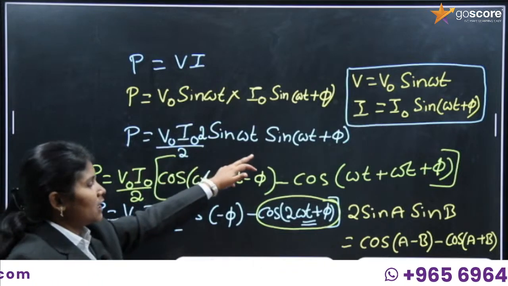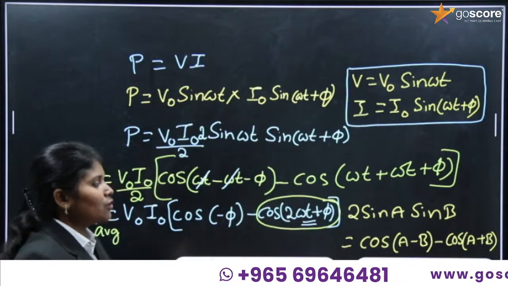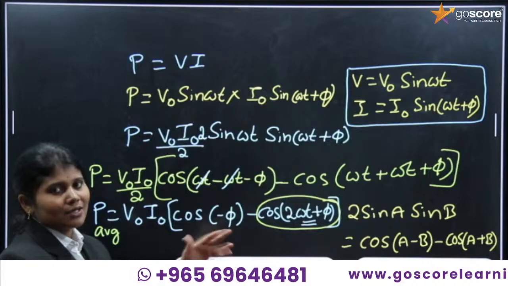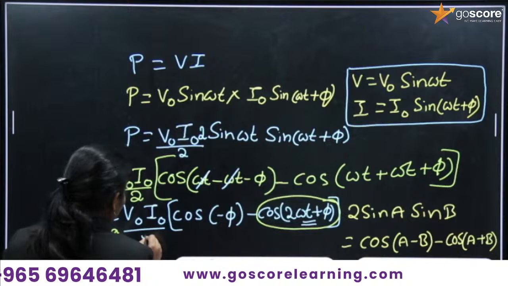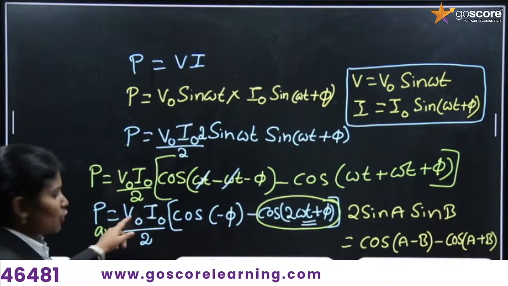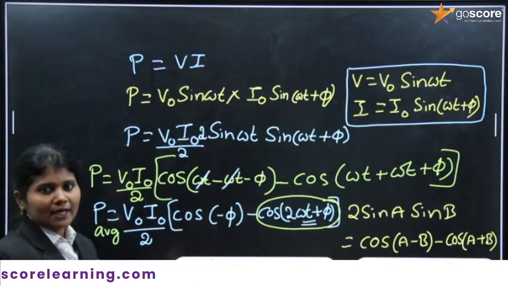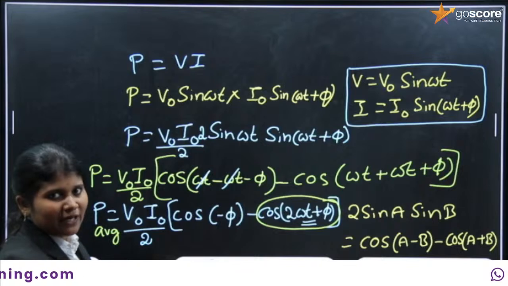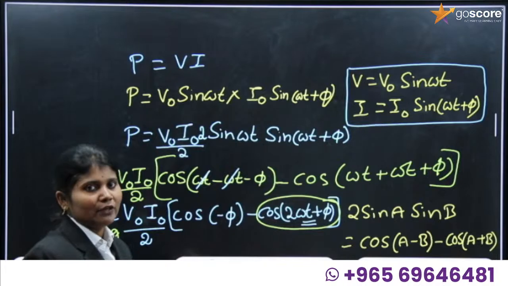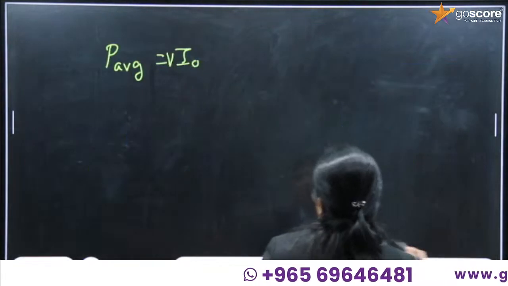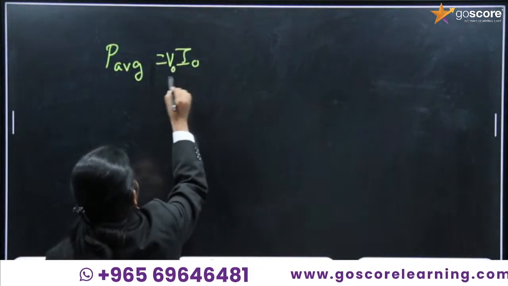Then 2 sin omega t sin omega t plus phi. Apply the formula 2 sin A sin B is equal to cos A minus B minus cos A plus B. Then here also we are getting 1 by 2. So P is equal to V naught I naught by 2 into cos minus phi minus cos 2 omega t plus phi. Here it is depending upon the time period, but average power is not depending upon the time period. That's why this value will be 0.